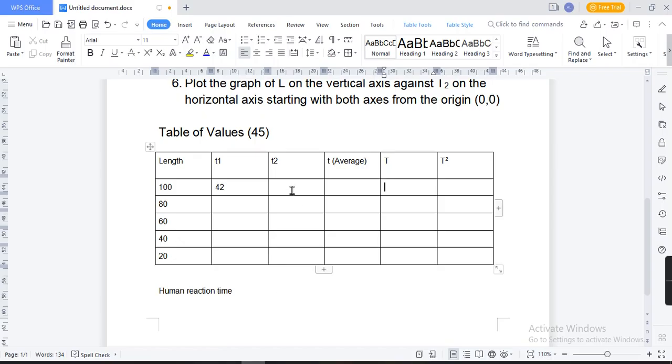I'll go to my table and record 41.90 seconds. I think this is 42.00.